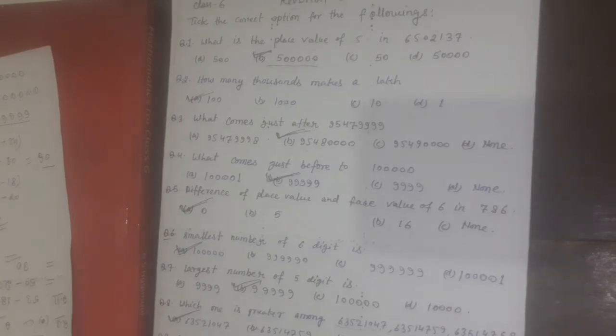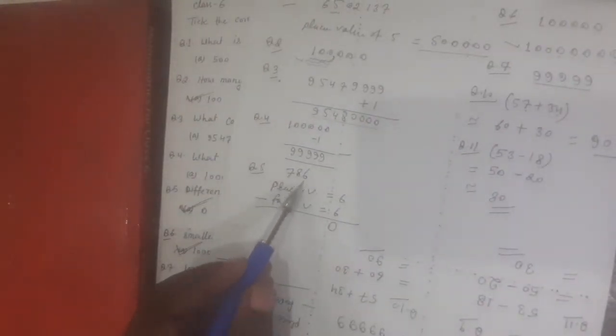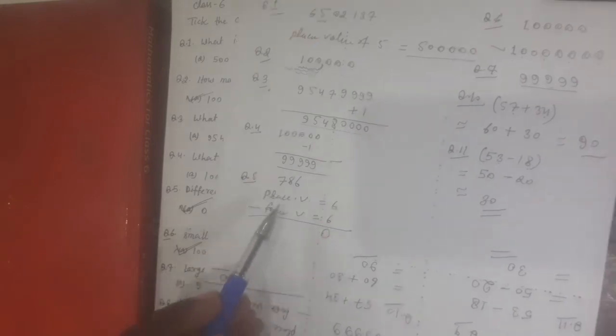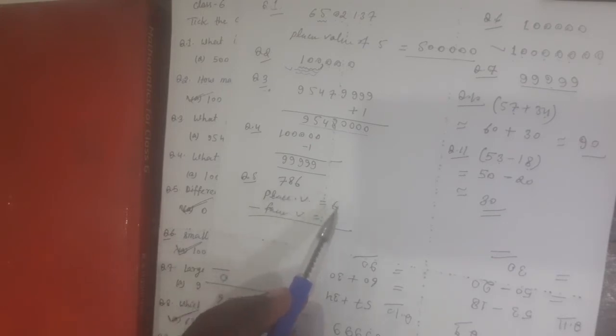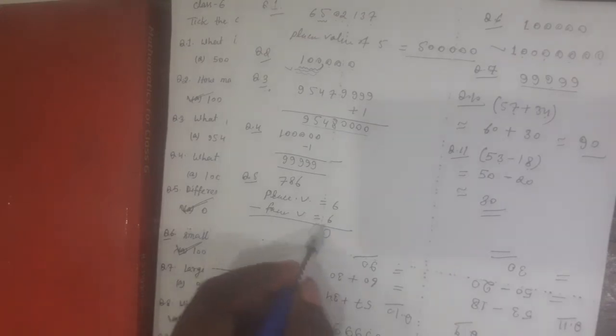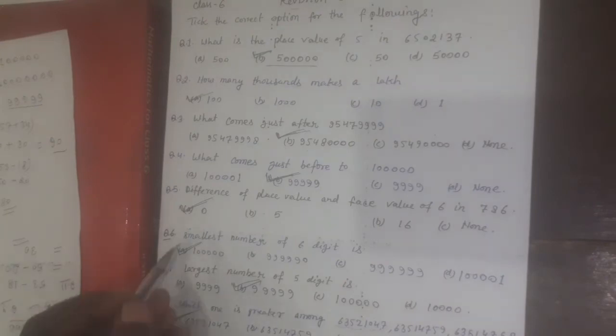So the number is 786, and if you will find the place value of 6, the 6 is at unit place, so place value of 6 is 6, and face value remains 6, and when you will subtract these two, it will be 0. So right option is 0. So you can see clearly here that A option is correct.